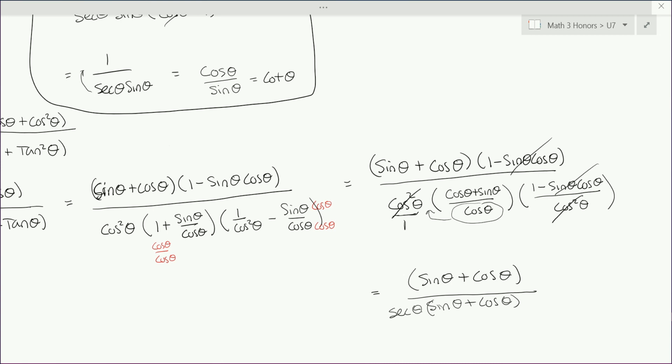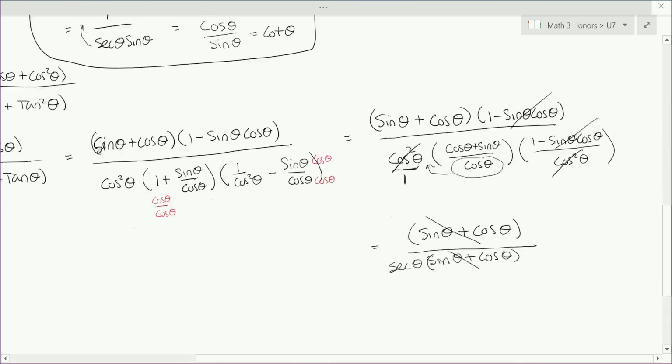The secant came from the cosine. I moved the cosine to the numerator of this fraction. And instead of writing cosine plus sine, I just flopped them, so that you see that these will reduce. And I get 1 over secant, which is, so it really simplified down to cosine, but there's a bit of digging to get there.